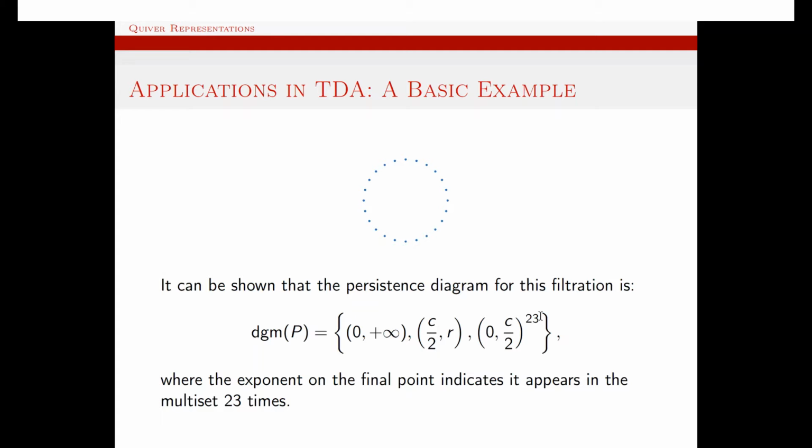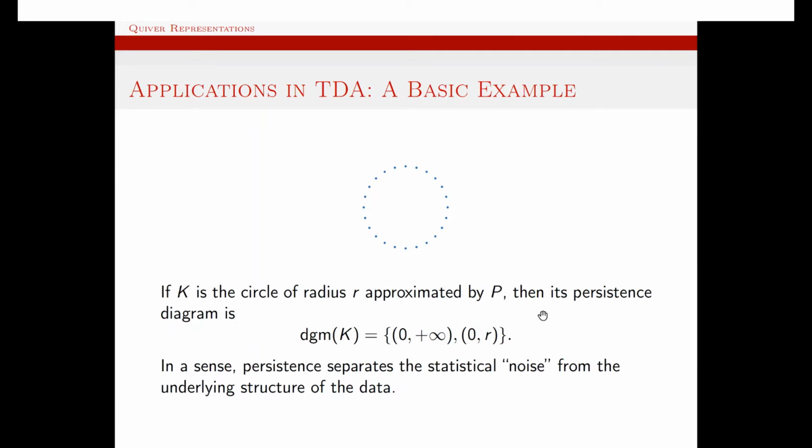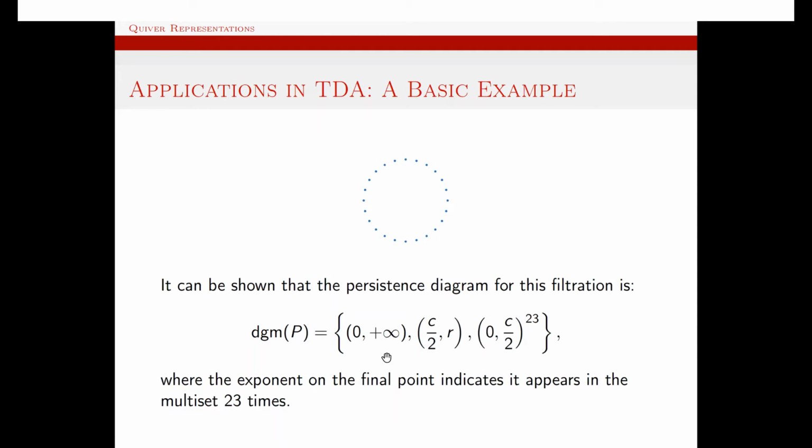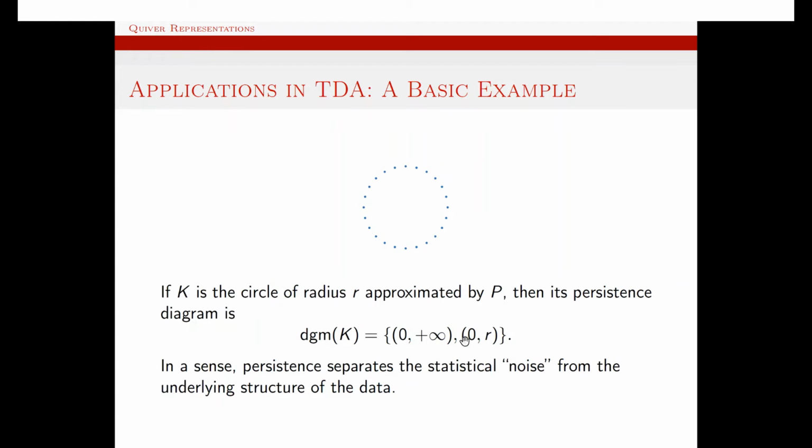And then we can compare this to the persistence diagram for a set K, which is just the circle of radius r approximated by P. And that persistence diagram will have this structure. And if we notice, both have this (0, positive infinity). And then for the second value, we'll have (c over 2, r), or (0, r).